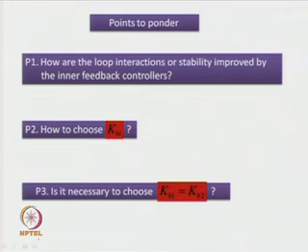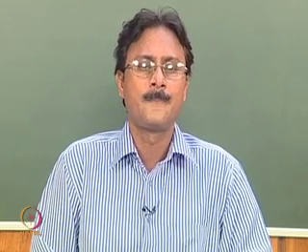Placing the poles of the loops at desired locations helps us not only in designing perfect controllers for the system, but also in reducing loop interactions. Obviously, when the poles of the loops are placed at desired locations, the loop interactions automatically get reduced, and stability can always be improved with the help of inner controllers in both the loops.